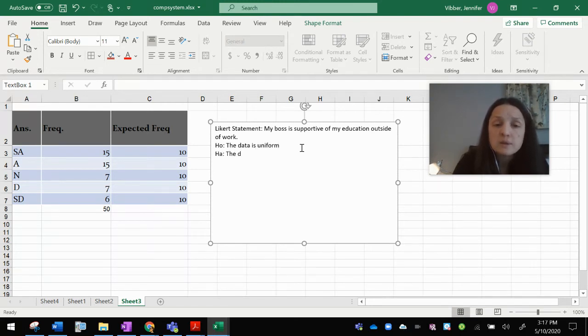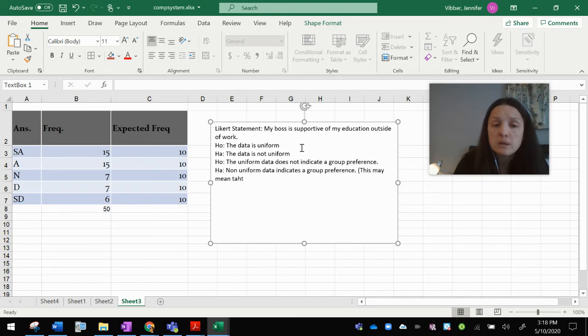H sub A, the data is not uniform. H sub O, the uniform data does not indicate a group preference. H sub A, non-uniform data indicates a group preference.